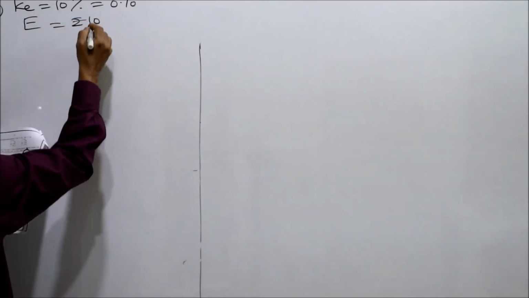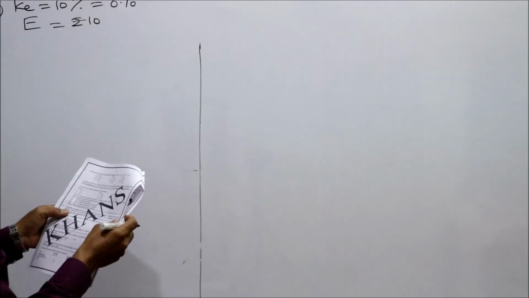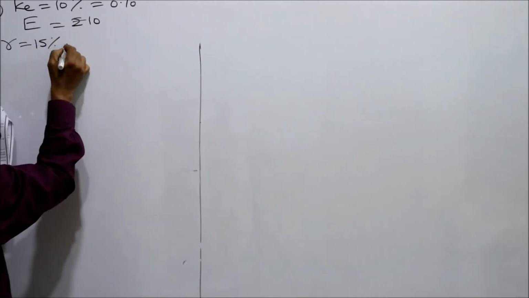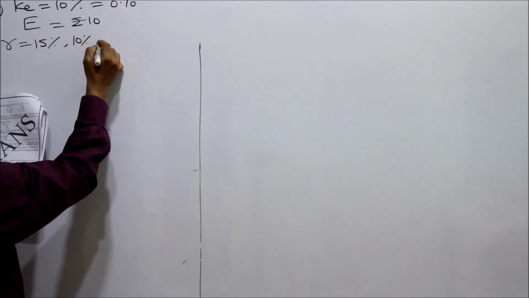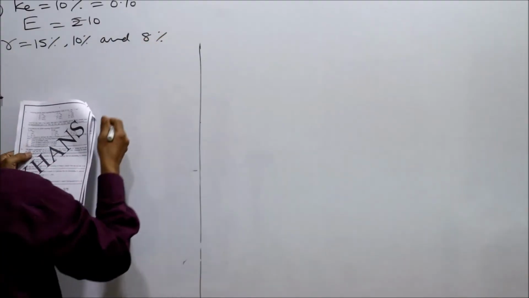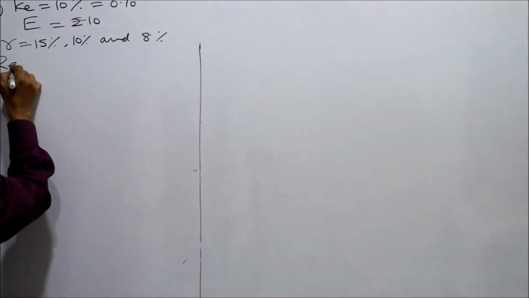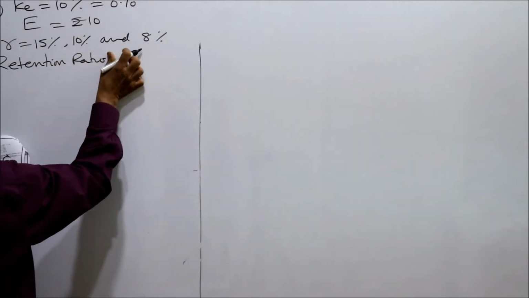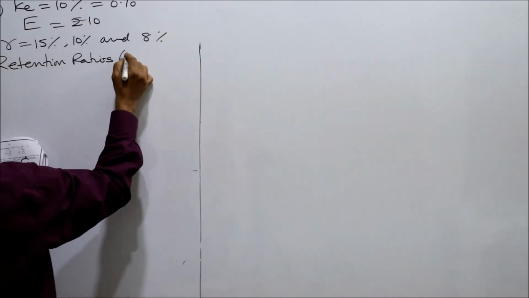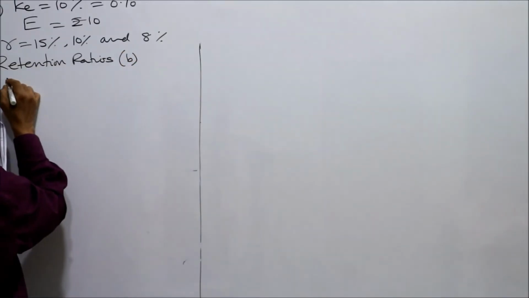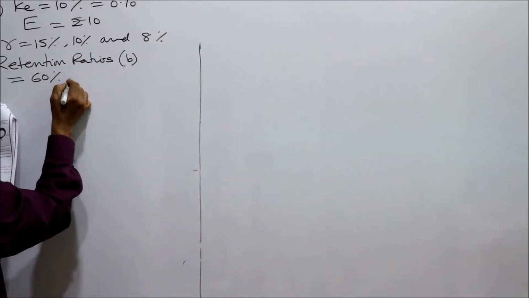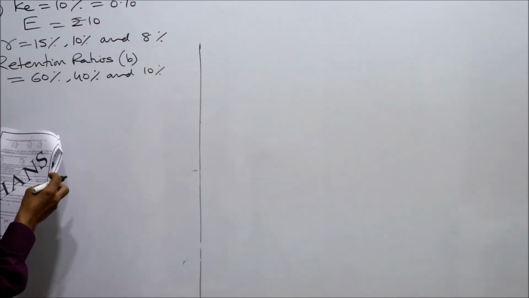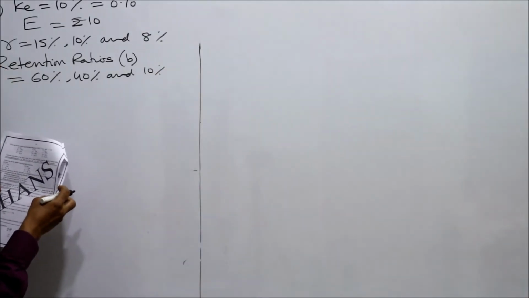Then assume that IRR, R, is equal to 15%, 10% and 8%, and the retention ratios, B, are 60%, 40% and 10%. Determine the market value of share in each case based on Gordon's model.